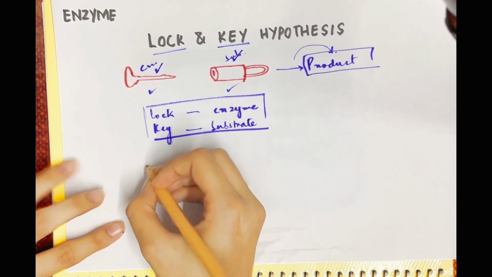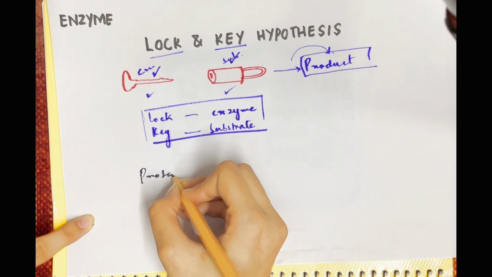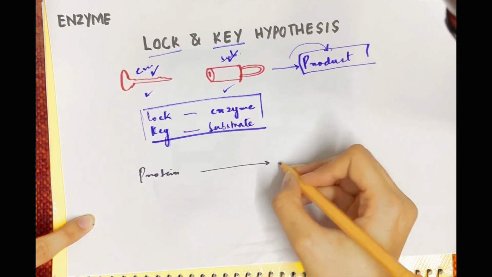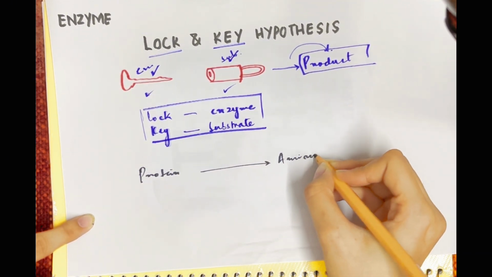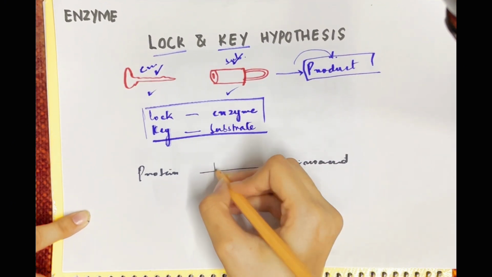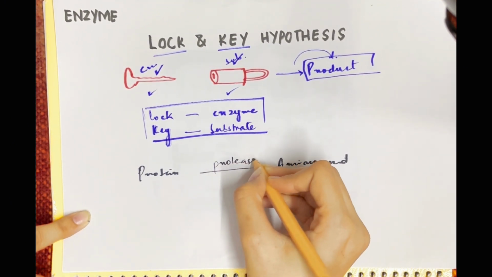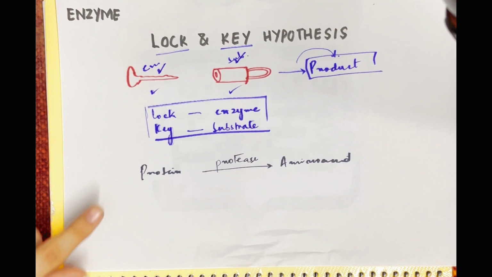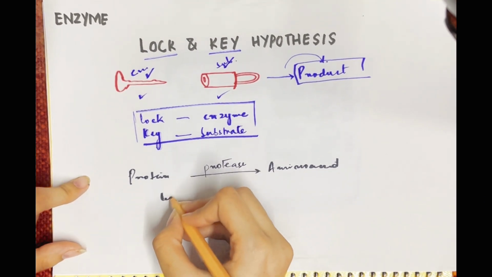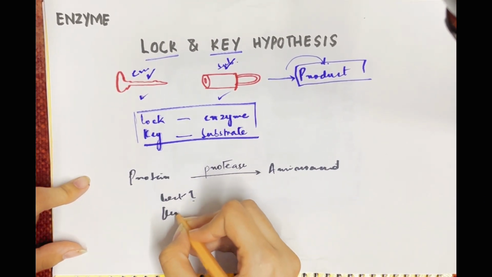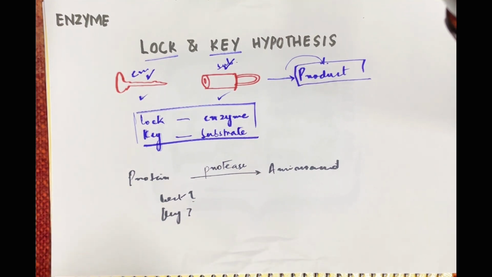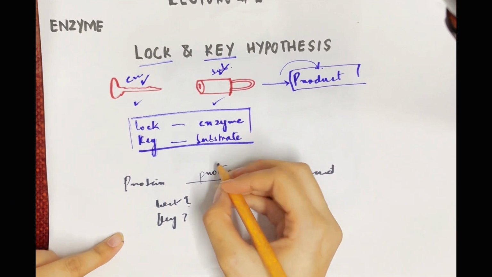For example, have a look at this example that says when a protein is converted into amino acid in the presence of protease, how can we determine what is a lock and what is a key? The very simple way is that the lock is always an enzyme.